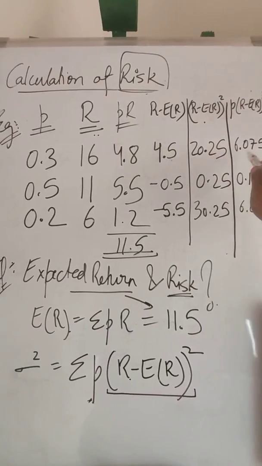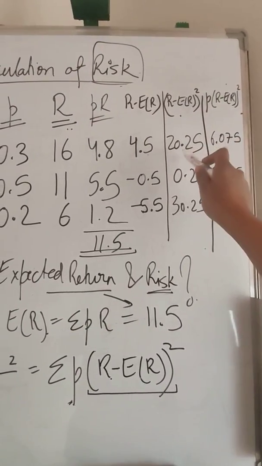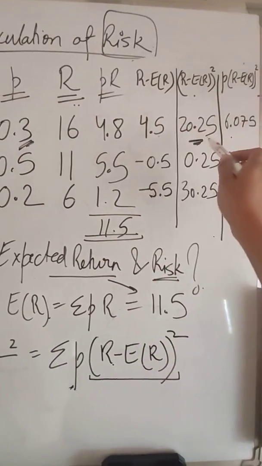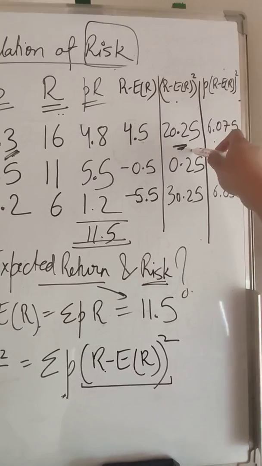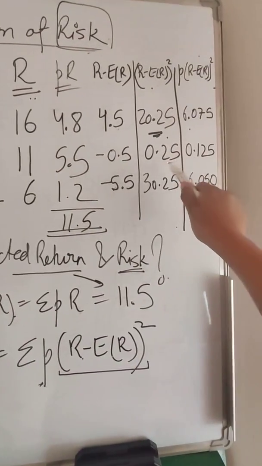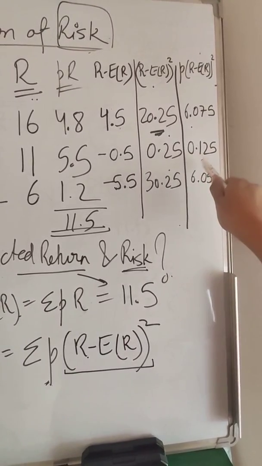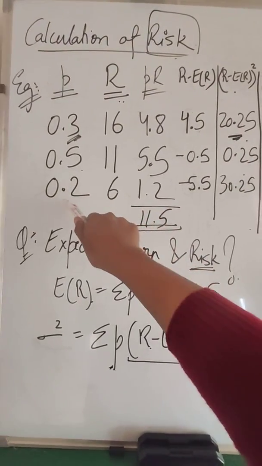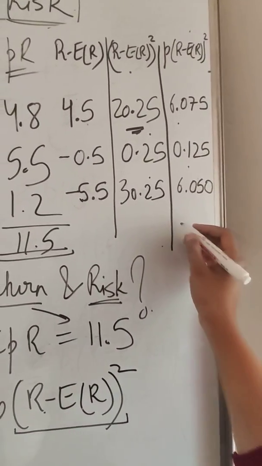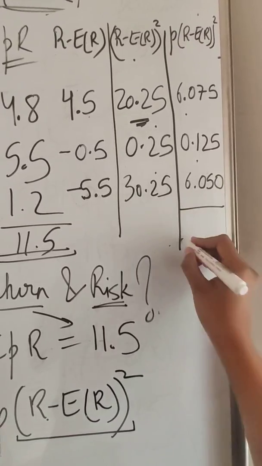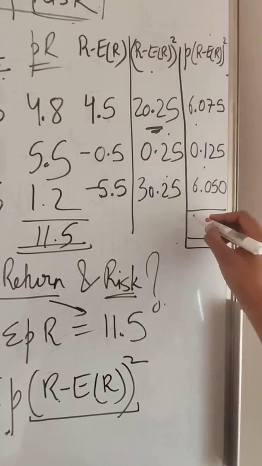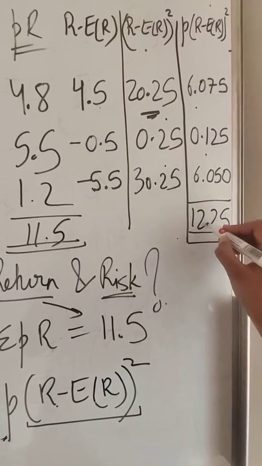So if you go with the calculation, these will be the figures. I'm just multiplying this with this. 0.3 into 20.25 is 6.075. Again 0.5 into 0.25 is 0.125, and 0.2 into 30.25 is 6.05. And now I can make a total. If I total it, it will be 12.25.